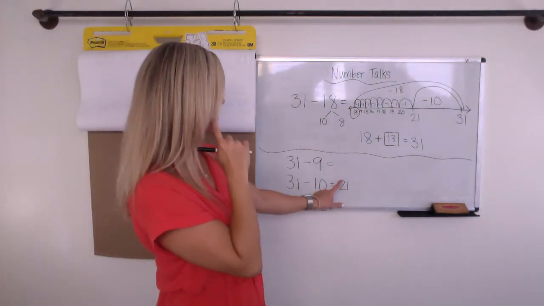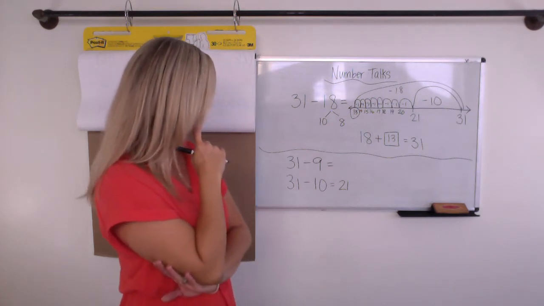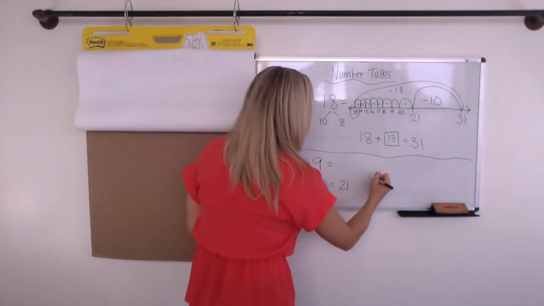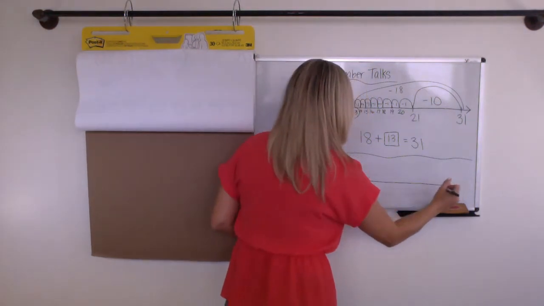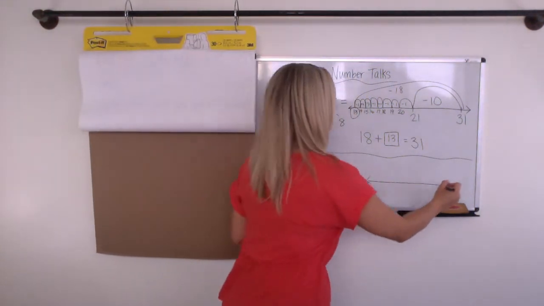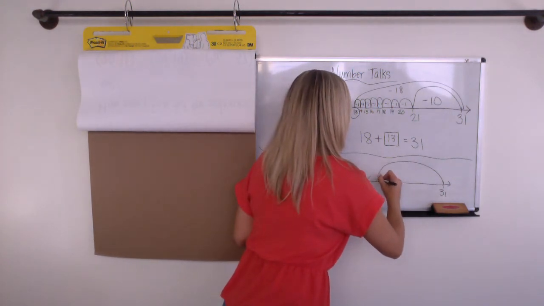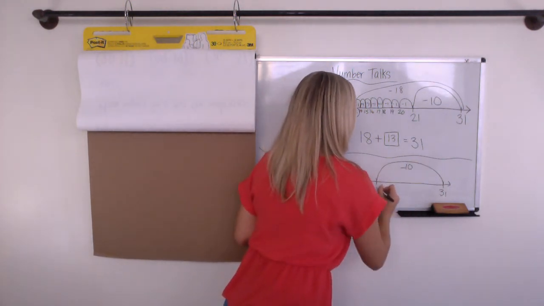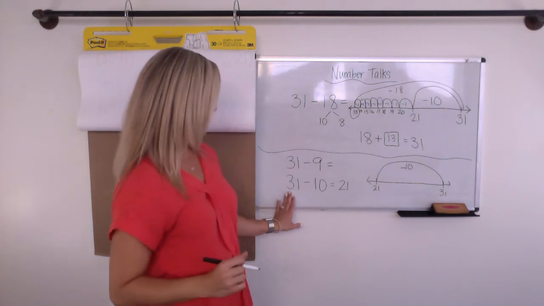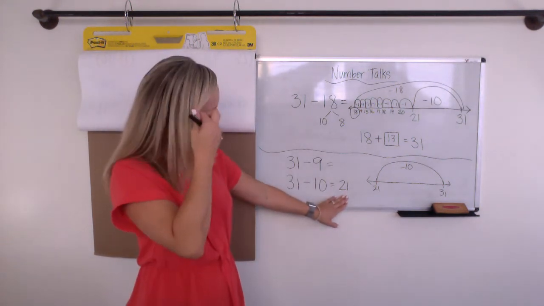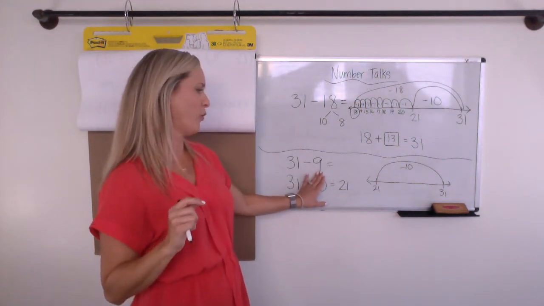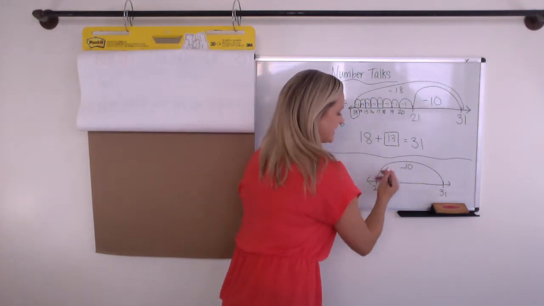We know it has to be right around what this is, right? So let's see. If we think on a number line, and we start at 31, and we take off 10, we'd end at 21, right? We already knew that. But do we need to take off 1 more or 1 less than 10?